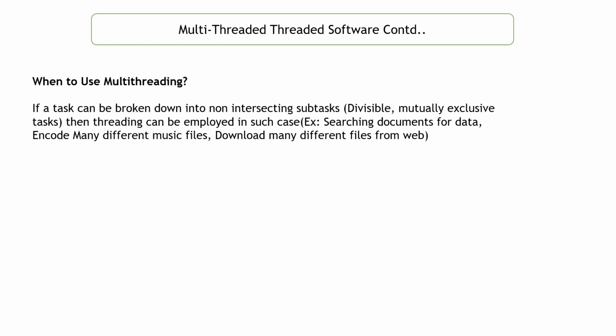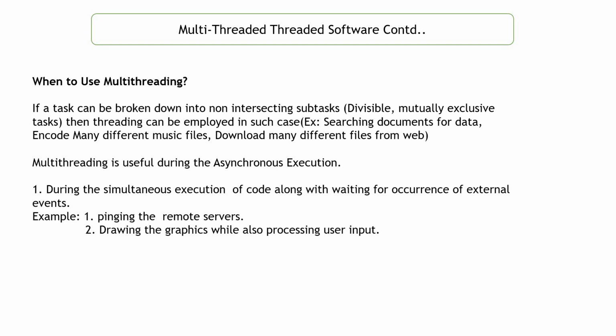When to use multithreading? If a task can be broken into non-intersecting subtasks, like divisible, mutually exclusive tasks, then threading can be employed in such cases. For example, searching documents for data, encoding many different music files, or downloading different files from the web.